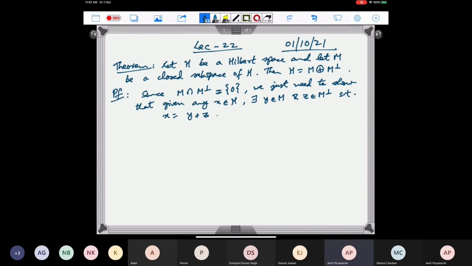This will show that H is equal to the sum of M and M perp, and the intersection is zero, so it will be a direct sum.